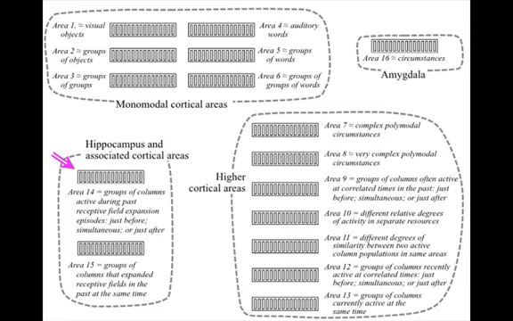And this area is separated in this diagram, but as I discussed under episodic memory, it's really the same area as area 15, what I just discussed, but different populations of neurons in the area have slightly different receptive fields. In this area 14, receptive fields correspond with groups of columns in other areas that were active during the same receptive field expansion event, including columns that were active but didn't expand their receptive fields.